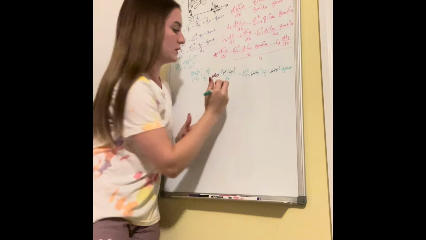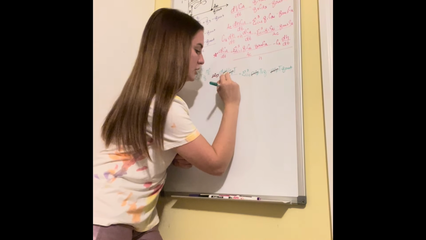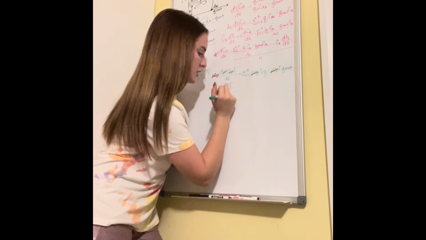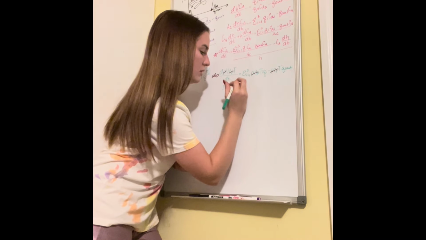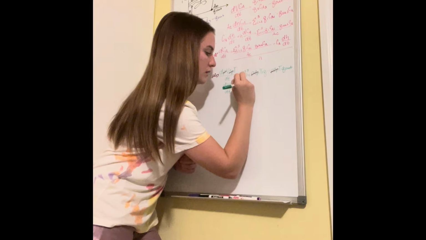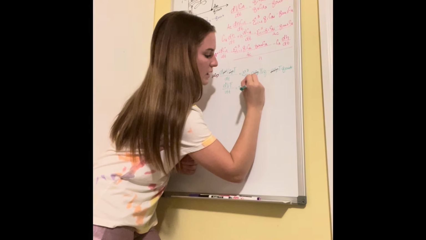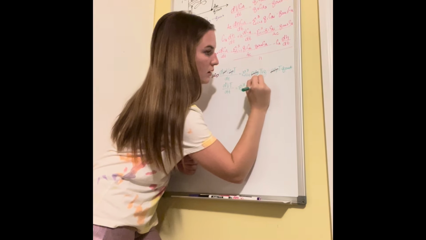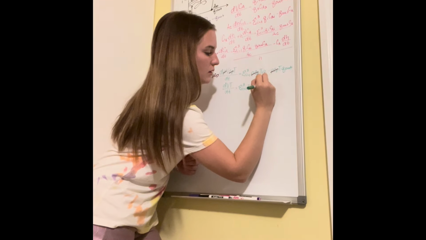This is going to leave us with the change in volume times the change in temperature over the change in time is equal to the summation from i equals 1 to 3 of Ti Qi minus T Q out.